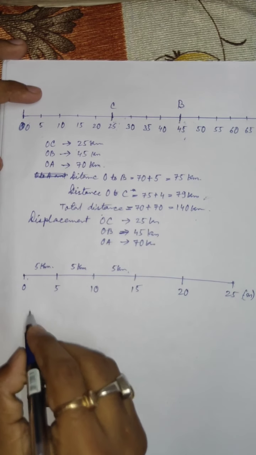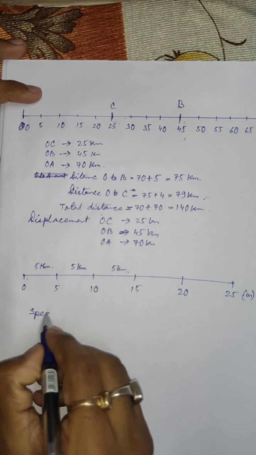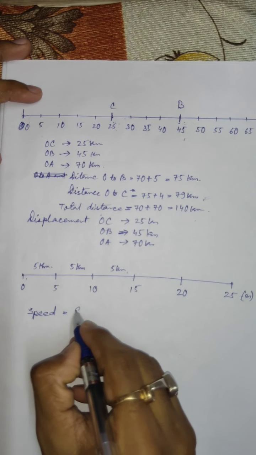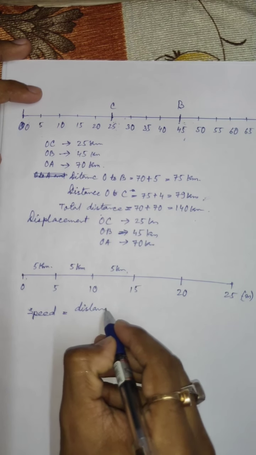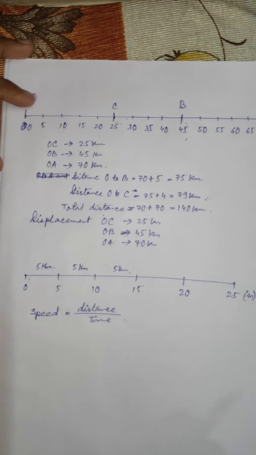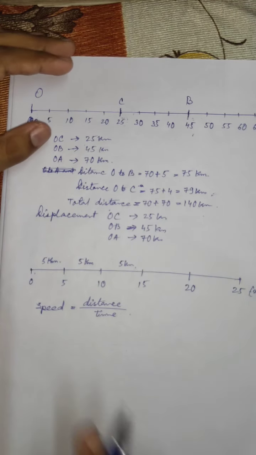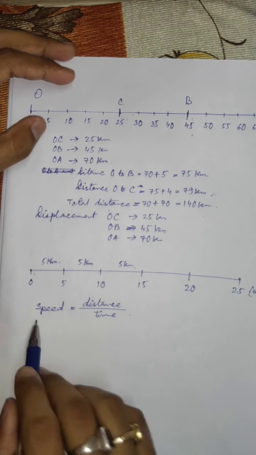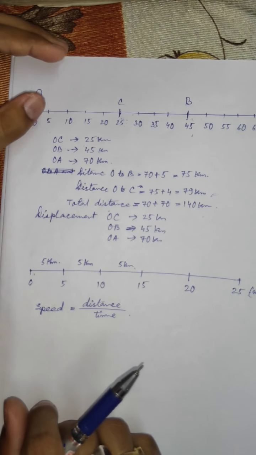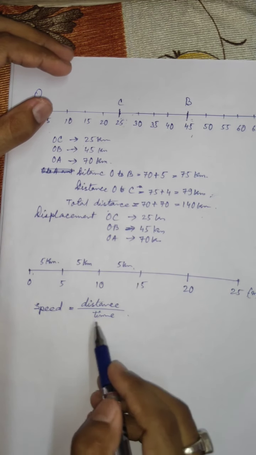Next, speed. See, this expression you already got in your earlier classes. Speed equals distance divided by time. This way we find the speed of an object. So what is speed actually?